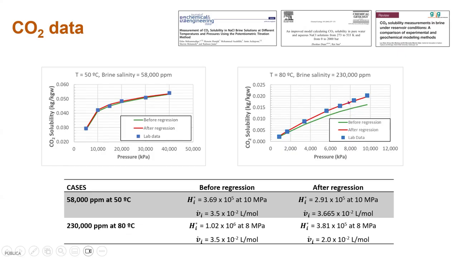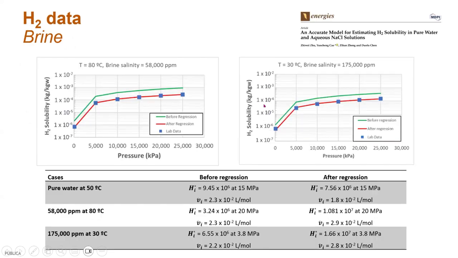So the regression in this case is mandatory. You have to regress the solubility model to fit the lab data. And another point, compare the scales. Take a look at the values. Compare the values for CO2 with the values for hydrogen.